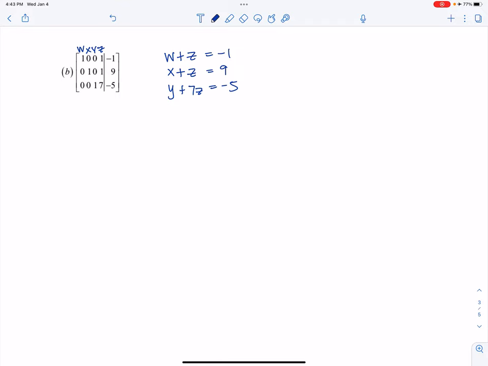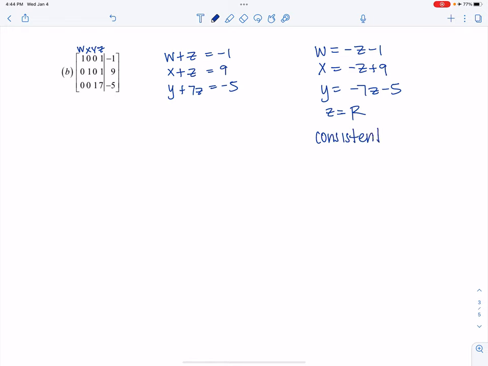So if we solve this out, we will get W equals -Z minus 1, X equals -Z plus 9, Y equals -7Z minus 5, and Z can be anything. So that is consistent because it has infinite solutions.